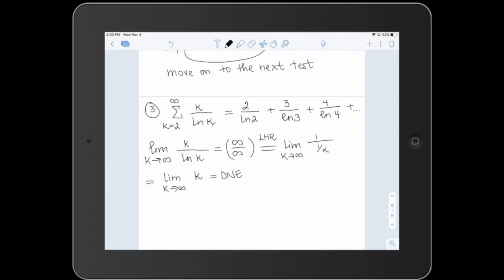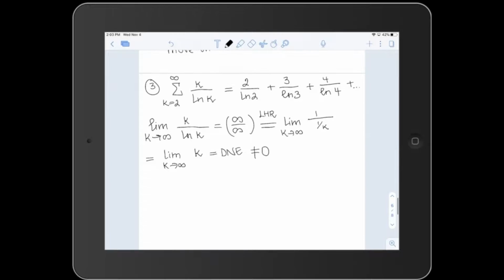Is that 0? No, that's not 0, which means this series diverges. Okay, so if I keep adding these values right here, I'm going to get infinity.